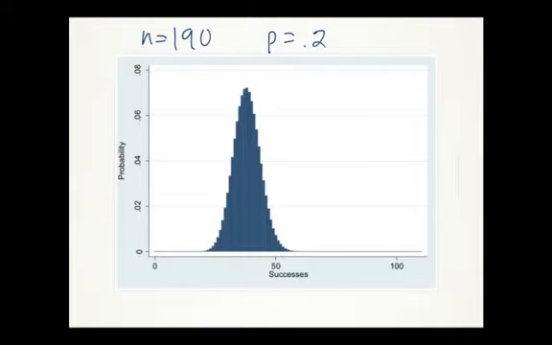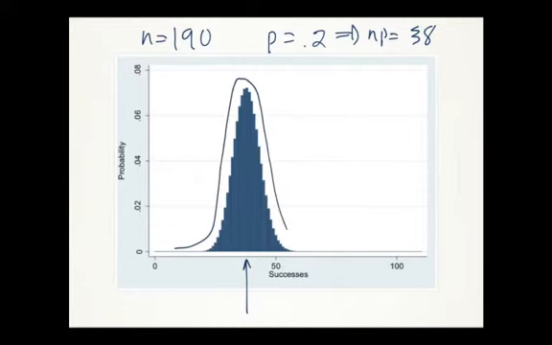And so we would expect the mean to be n times p, or 190 times 0.2, which is 38. Okay, so that's why this is centered around 38. And this looks pretty darn normal. So the normal approximation definitely seems reasonable here.